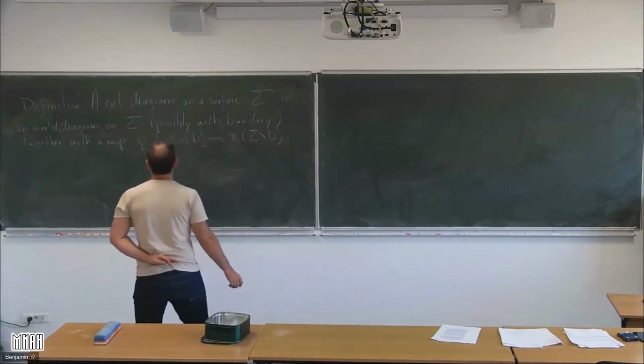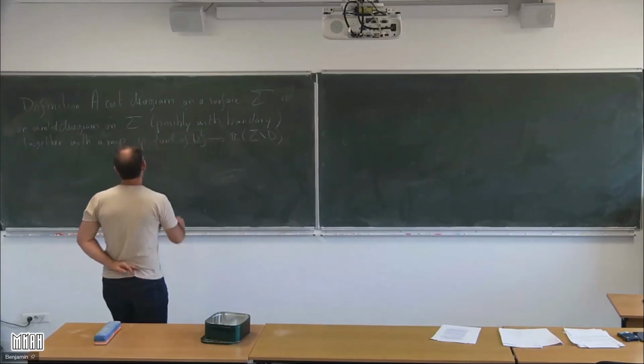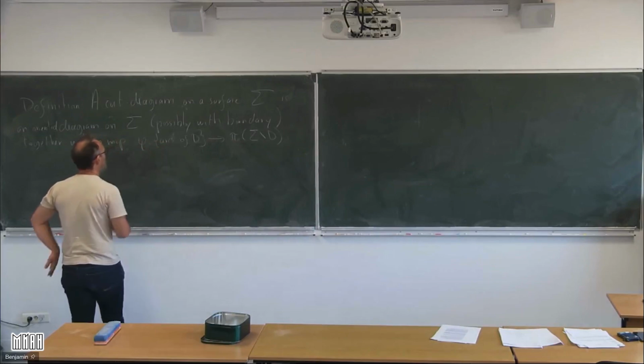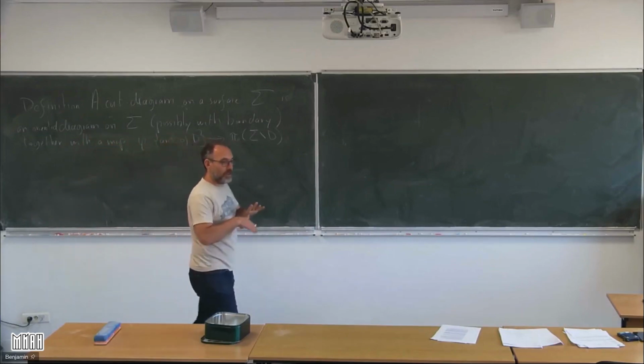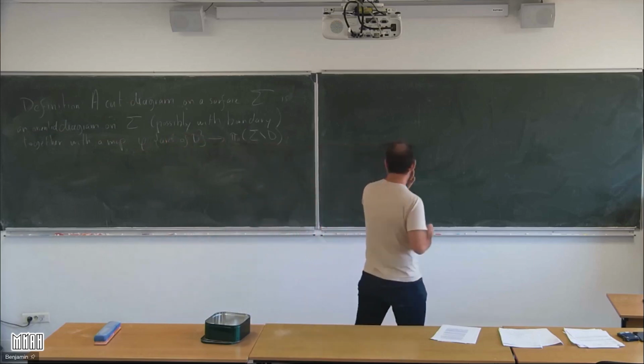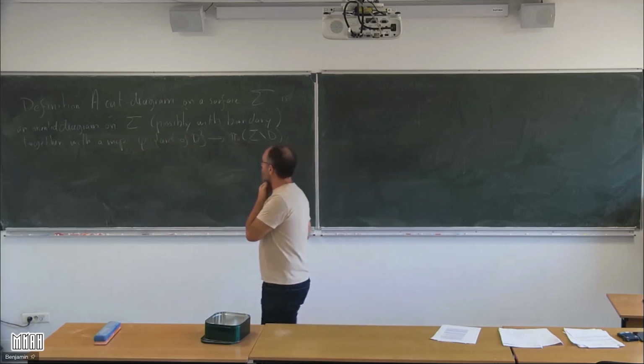And so this is the labeling map, because to each arc of the diagram it provides a region of the surface, and there are some rules that should be satisfied.